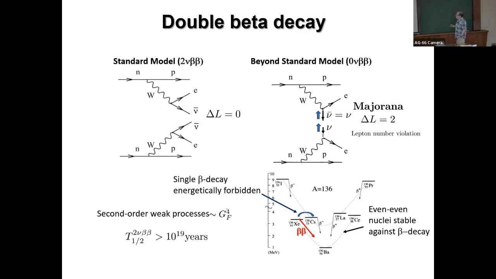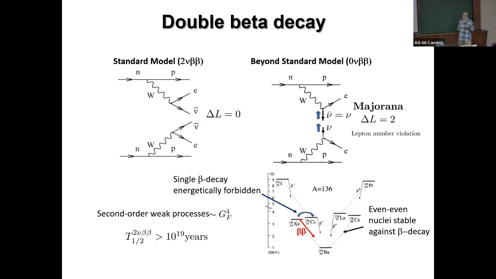You can see here that you emit an antineutrino, and this antineutrino has to be absorbed as a neutrino. So the idea is that neutrino and antineutrino have to be the same in order to accept the validity of this diagram. So delta L, the variation of the leptonic number, is equal to 2.